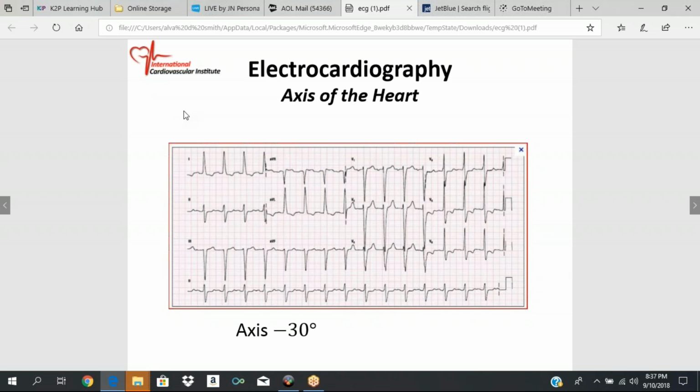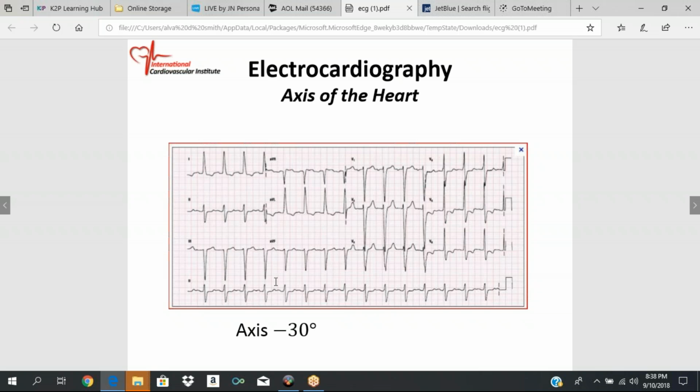Now the axis. These are the limb leads that we're talking about. When we say isoelectric, we mean the lead in which the positive deflection, which is on top, is almost equal to the negative deflection, which is below.